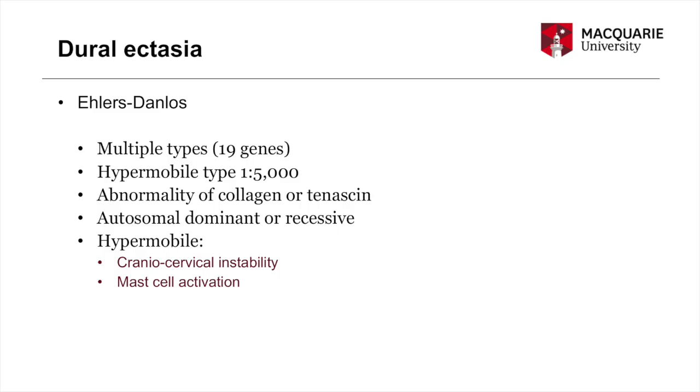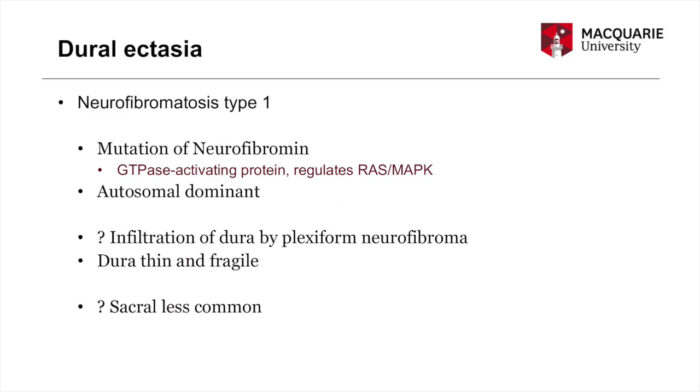Depending on the type, it can be autosomal dominant or recessive. And in the hypermobile type, they also have craniocervical instability, mast cell activation, and of course POTS. And with the craniocervical instability and POTS, the symptomatology can be quite similar to SIH. So it can be very difficult for these patients to tease out what the underpinning problem is.